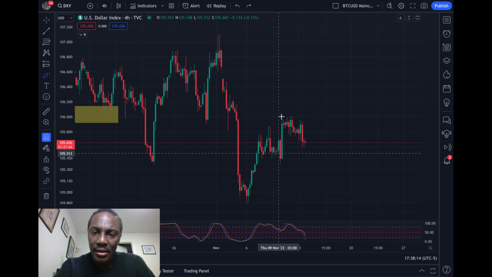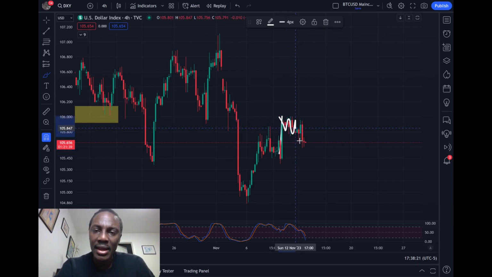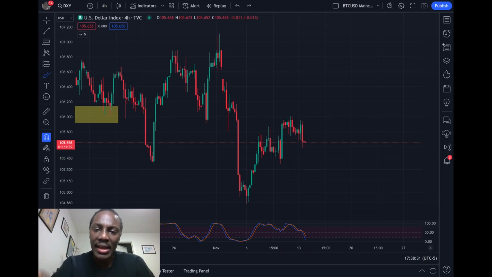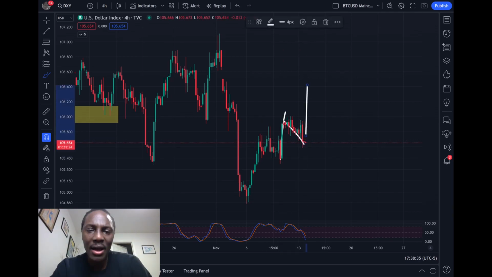This looks like some sort of impulse, some sort of move up. This looks like a corrective pattern that is paired with this move up. And so it looks like this is a B, C move, or W, X, Y, whatever you want to call it.